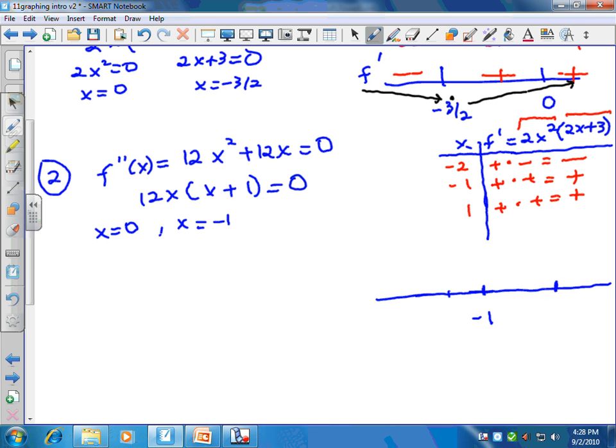And 0 was over here. Okay, so we want f double prime. So now we need to do a sign chart for f double prime. And the test values this time, I'm going to select are -2, -1/2, and 1.